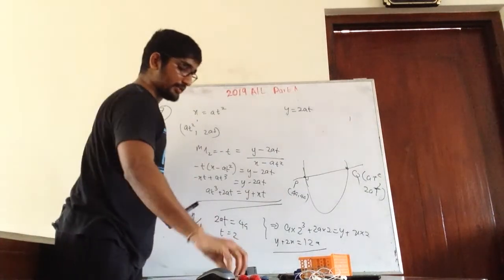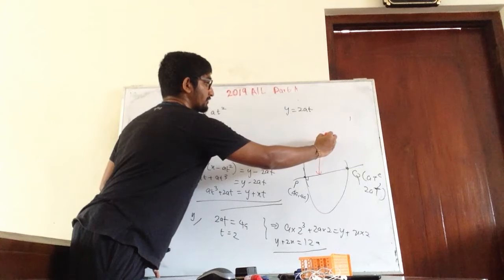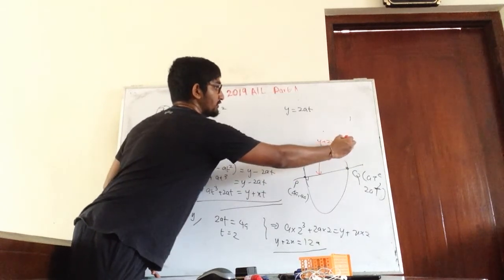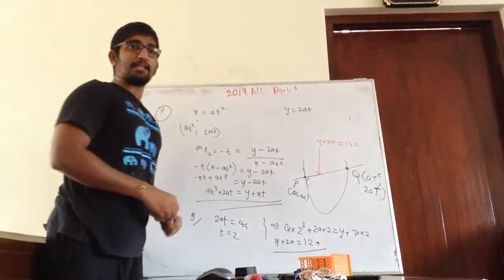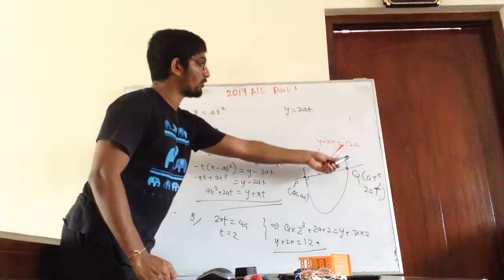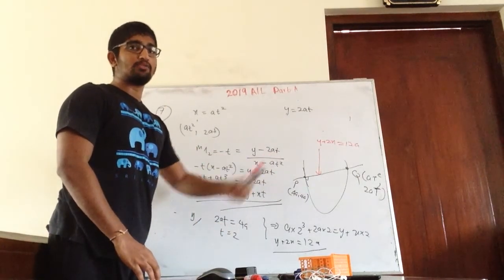So I know that this line is y plus 2x equals 12a. From this I can find the value of Q, because this equation should satisfy this. Then I can get the value of t.